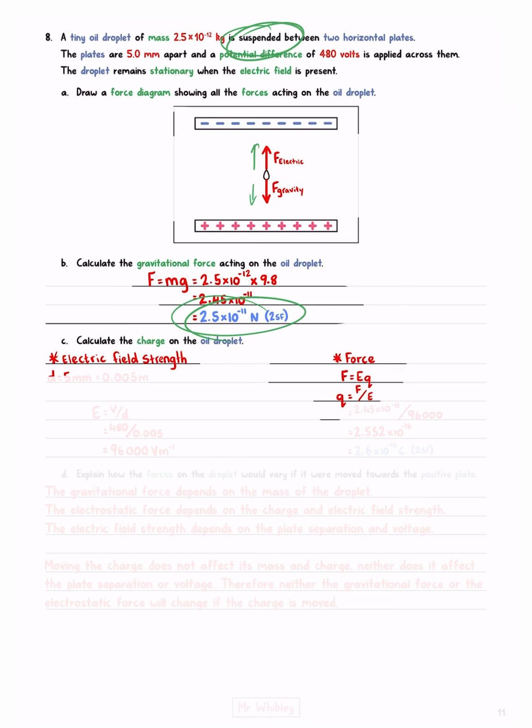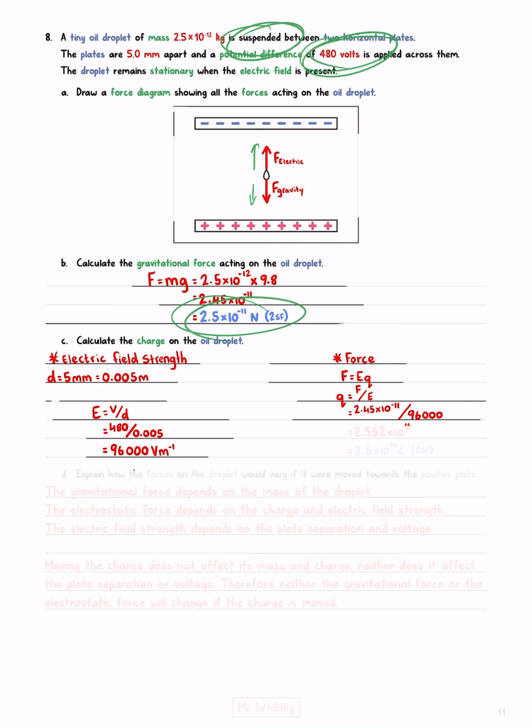To do so, we can use the fact that E equals V over D, where we know our voltage, we were given it in the question, and we know our distance was 5 millimeters, which is 0.005 meters, which gives me 96,000 volts per meter. Putting that into our charge equation gives us 2.552 times 10 to the minus 16, or 2.6 times 10 to the minus 16 coulombs to two significant figures.